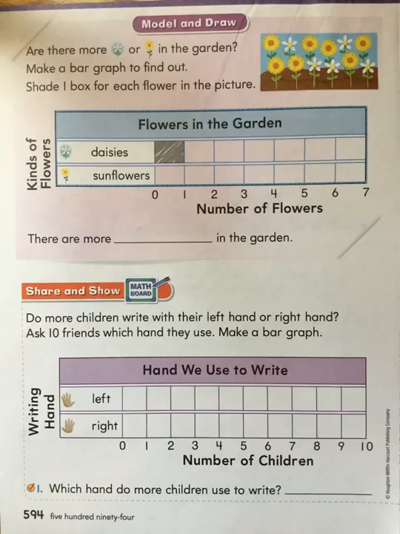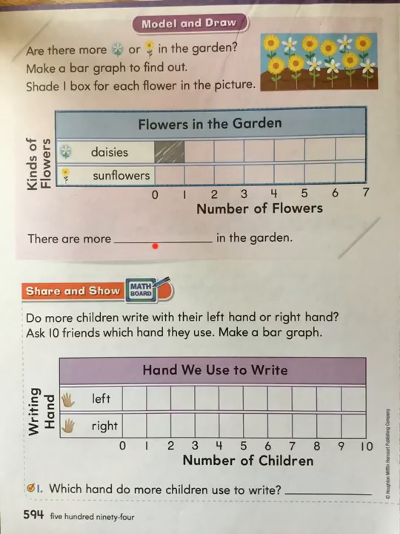All right. If I look at the top, I see that it's asking, are there more of this flower or this flower in the garden? Make a bar graph to find out. Shade one box for each flower in the picture. So when I look at my graph, it says flowers in the garden, kinds of flowers, daisies, sunflowers, and the number of flowers.